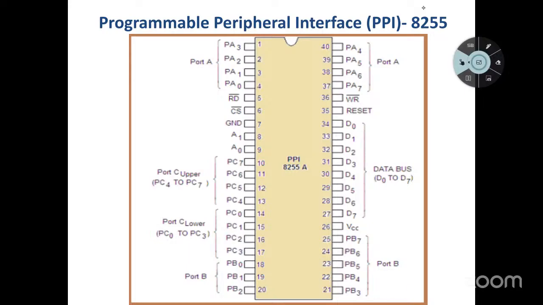Okay. So the 24 IO lines have the same purpose as the 8051 input output lines.